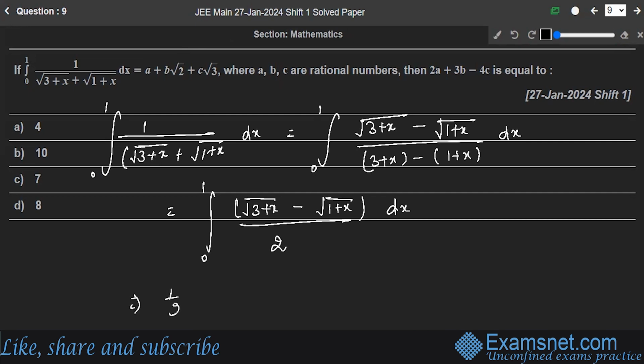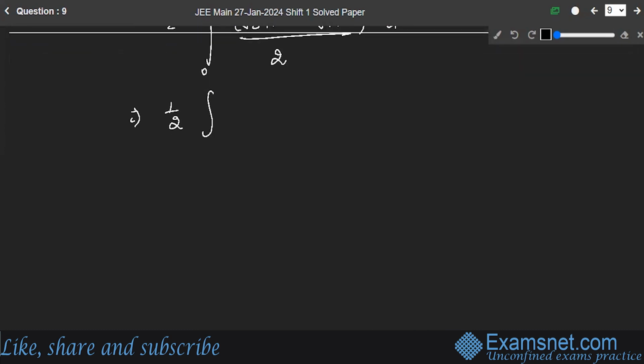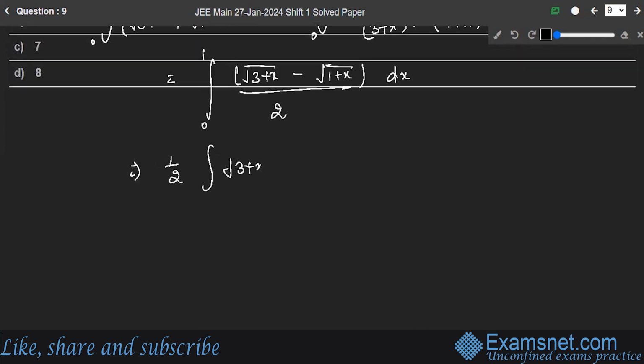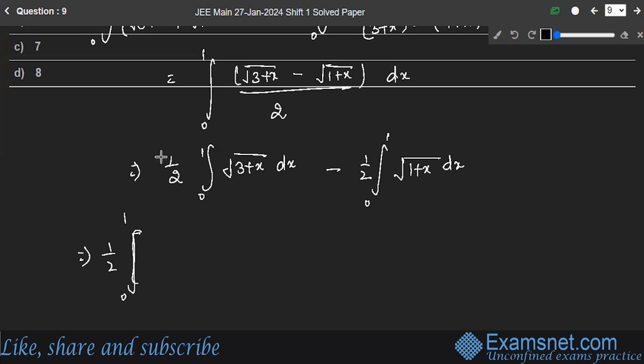Now you will have 1 by 2 integral. Let's split up the integrals also. This will be this, limits 0 to 1, minus 1 by 2 this, limits 0 to 1. So 1 by 2, this will be 0 to 1, (3 plus x) raised to power 1 by 2 dx minus (1 plus x) raised to power 1 by 2 dx.